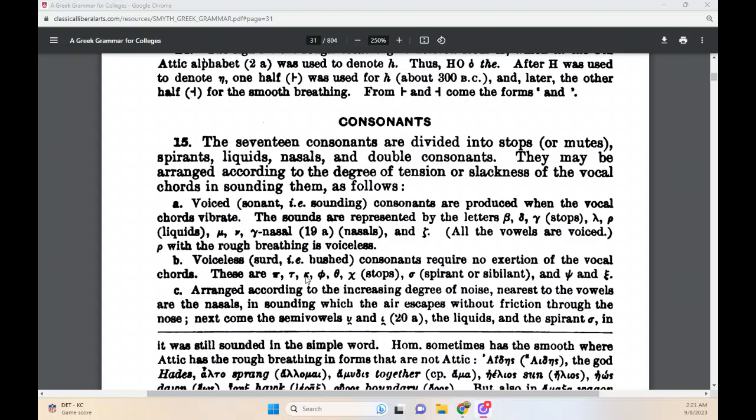Those changes can only be understood if you understand these sounds of the consonants correctly, because you'll find that these voiced consonants will change into the voiceless forms, or the voiceless forms will change into the voiced forms. So it's not random. There is some reason or order to the changes, and you've got to keep this orthography lesson in mind to understand those changes.